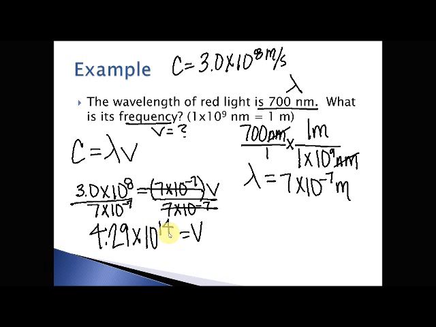Our unit on frequency is the Hz, the hertz. And last but not least, we have to round to significant figures, which in this problem, we have 1 sig fig from our wavelength. So we would just round this to 4 times 10 to the 14th hertz.